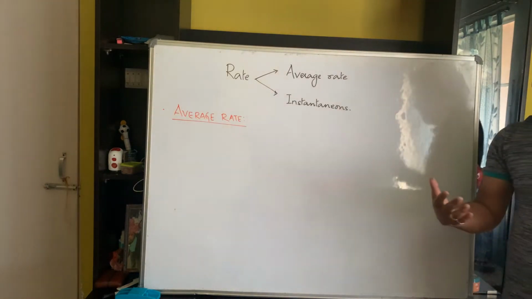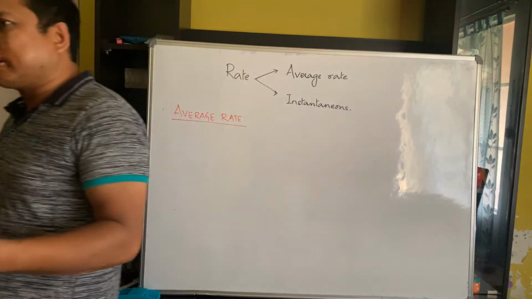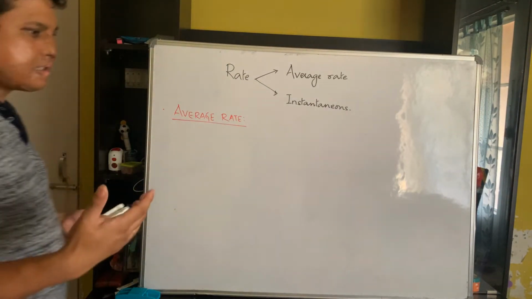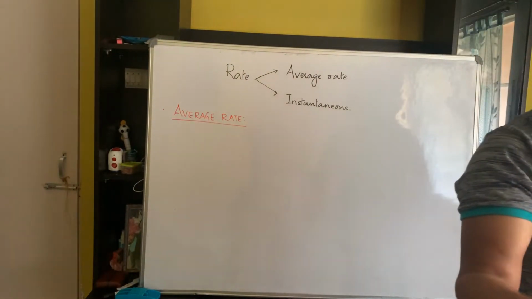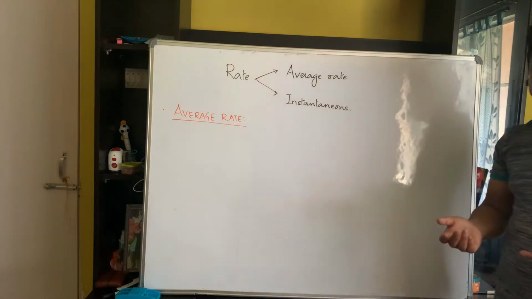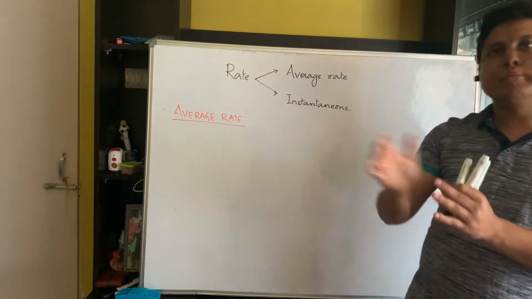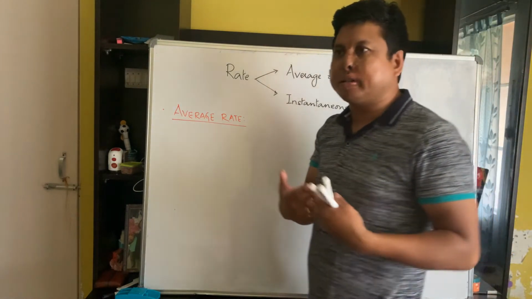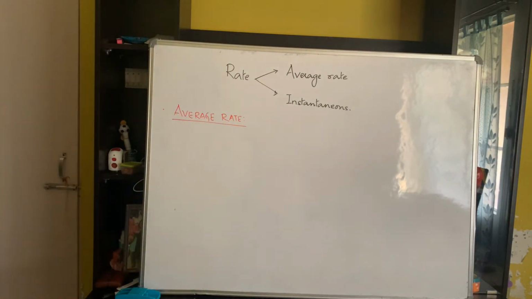Say the reaction has been going on for the past 5 minutes. So suppose you are asked to calculate the rate of a reaction between say 1 minute and say 1.2 minutes, say over 20 seconds. So if the question comes, calculate the rate of a reaction between 1 minute and 1.2 minutes.